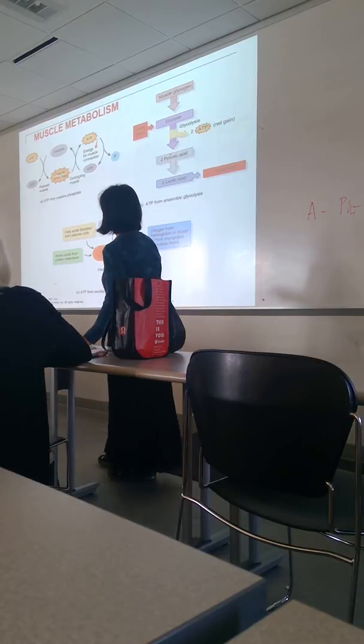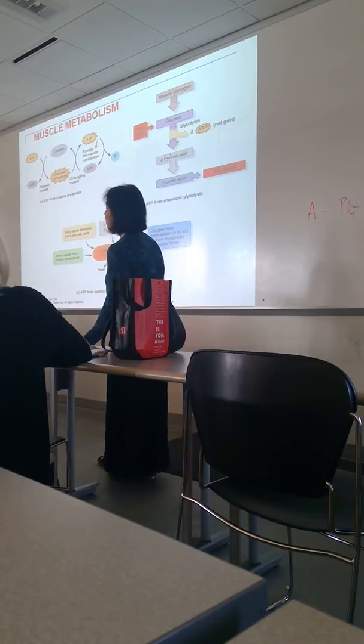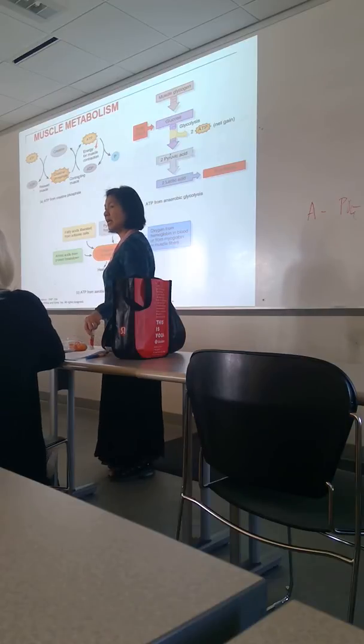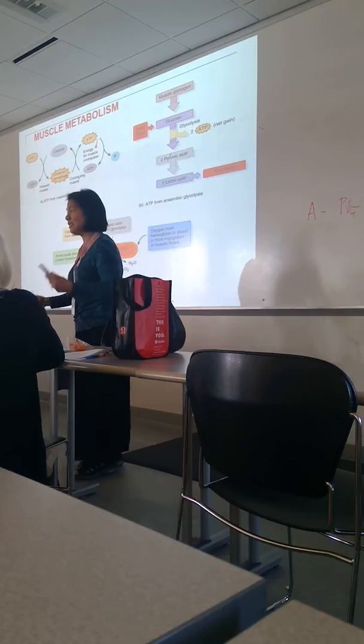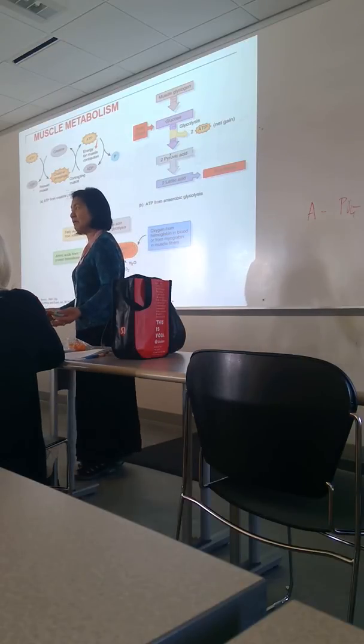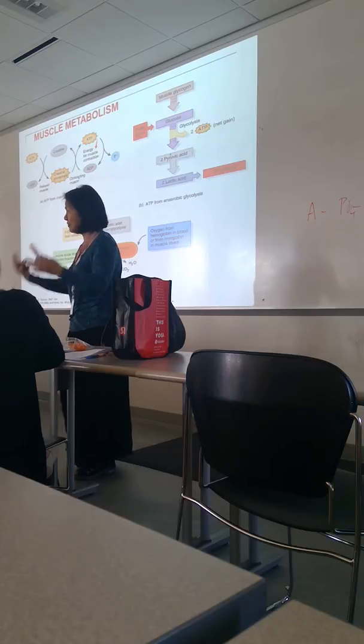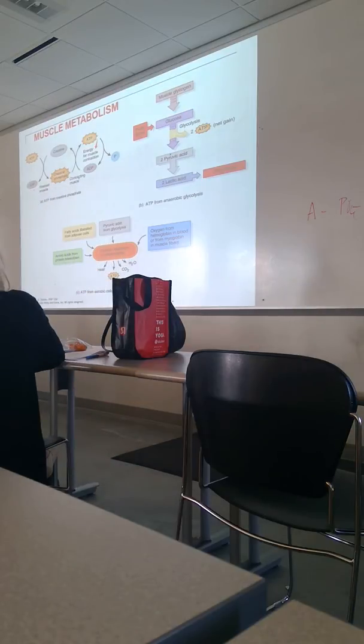Okay? So after half a minute, you don't have any more ATP, this is gone. What you have is ADP. Did you get that? So I started my exercise, I only had enough ATP for about 30 seconds. If you're gonna get married in 2 weeks, you need to exercise for more than 30 seconds, right?